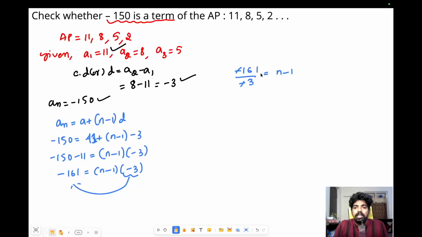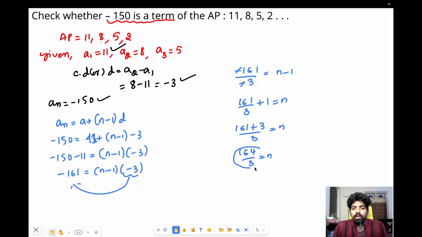Minus minus gets cancelled. Is it divisible by 3? No, it is not divisible by 3. So if I transpose minus 1 to this side, 161 by 3 plus 1 equals to n. 3 is the LCM. 161 plus 3 by 3 equals to n. 164 by 3. So here you are getting n in fraction.